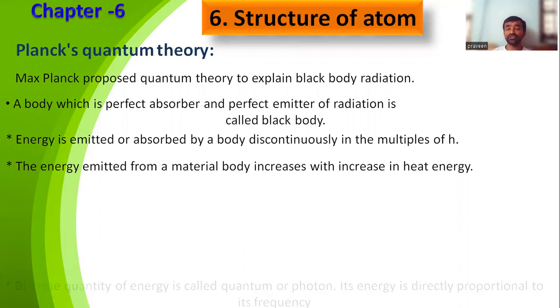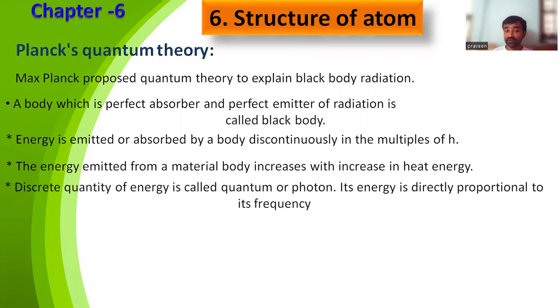He noticed discrete quantities, that is, changing quantities. In the way you increase it, absorption and emission also increase. Those discrete quantities of energy are called photons, energy packets that are quantized.